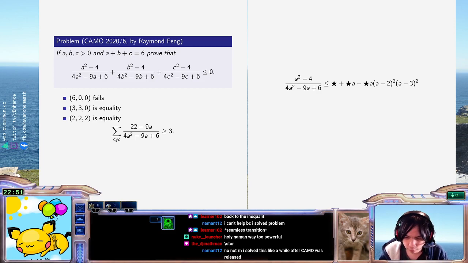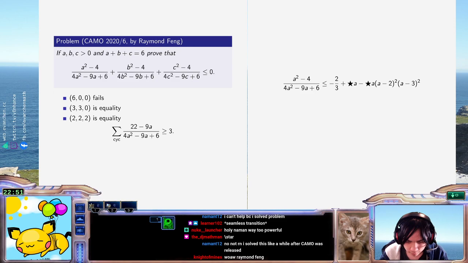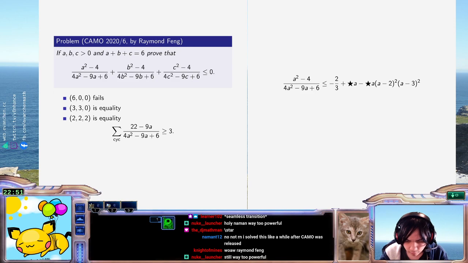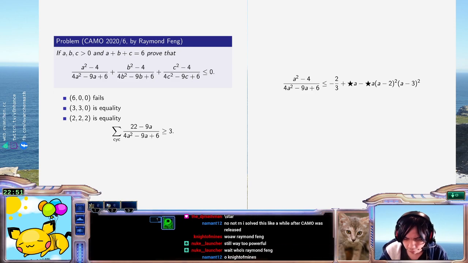Then by plugging in a equals 2, the other constant has to be like... one-third.